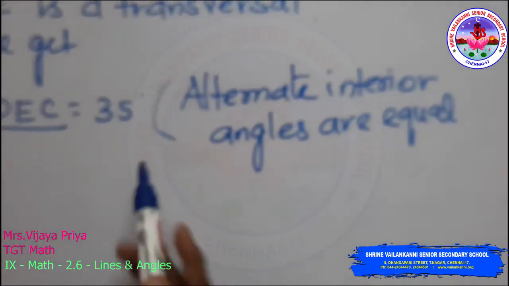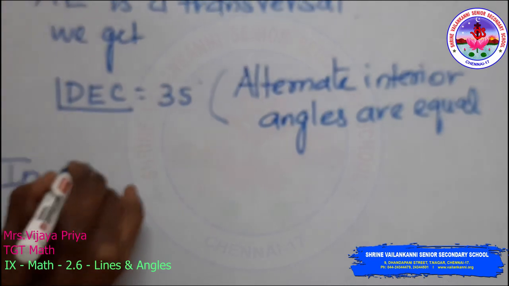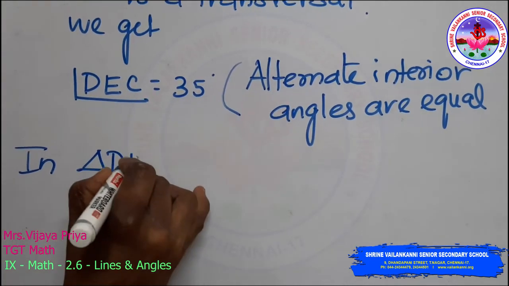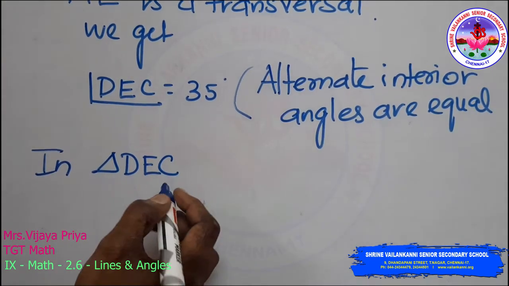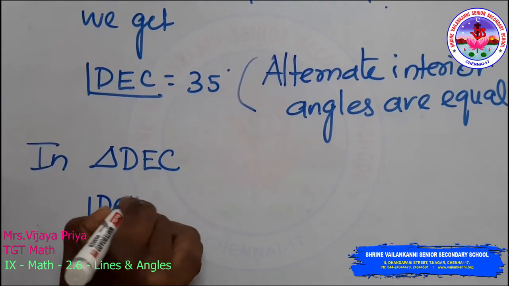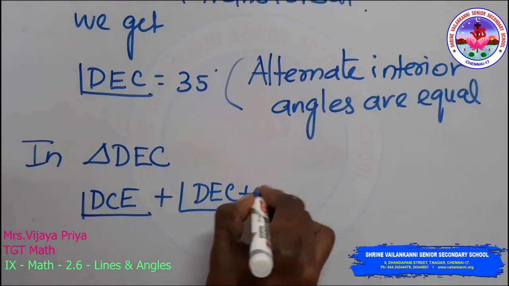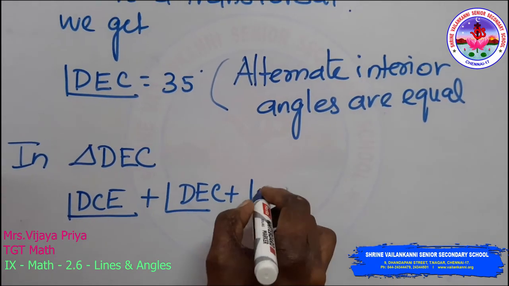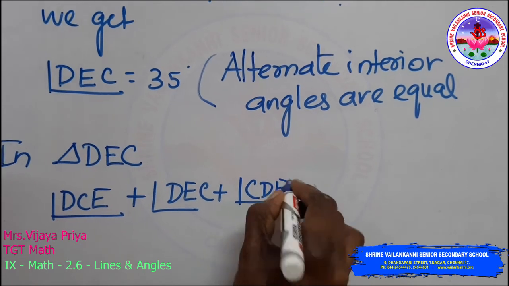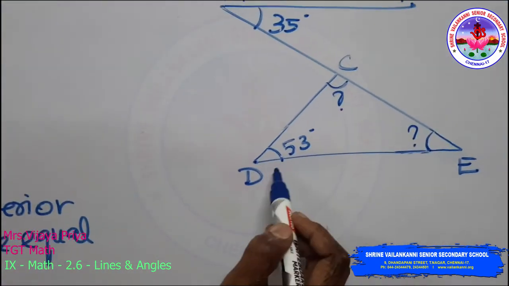So now let us consider the smaller triangle DCE. So we will get angle DCE plus angle DEC plus angle CDE, where the sum of three angles will be from the smaller triangle.